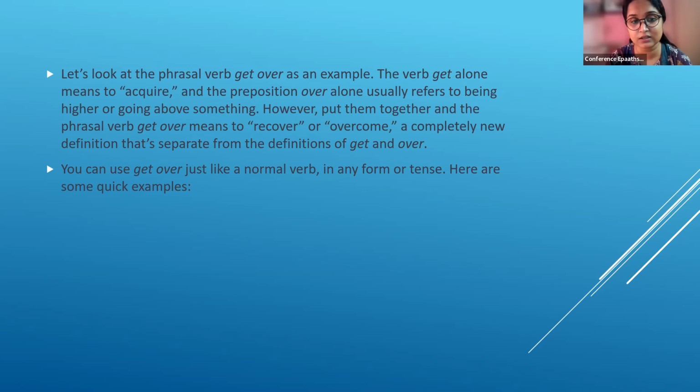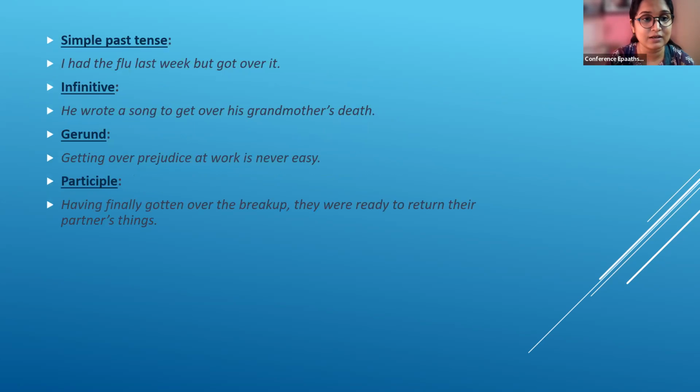So you can use get over just like a normal verb in any form or tense. Here are some examples. I had the flu last week, but got over it. So if you are using simple past tense, you have to use "I got over it". If you are using it as infinitive, you have to write "to get over". Gerund I have not discussed, but gerund is when you add -ing to the verb.